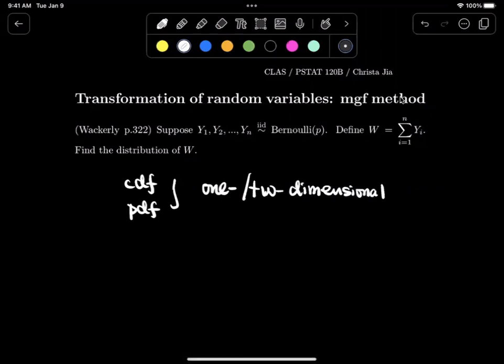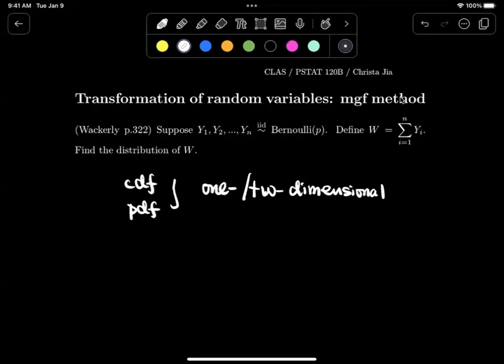That is to say, they work well when you have only one random variable or only two random variables. Once you have three or more random variables, the CDF method and the PDF method become very complicated.